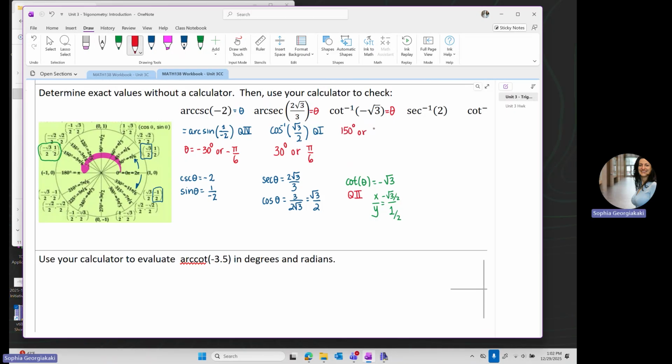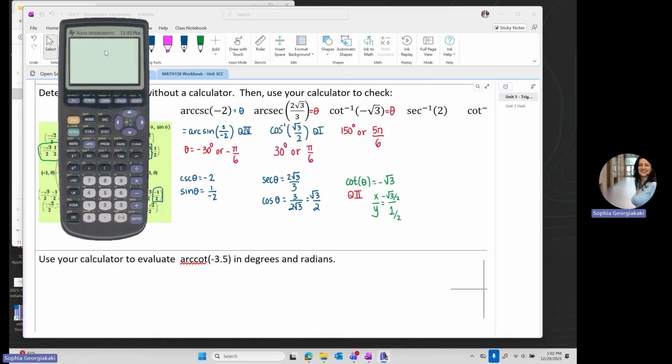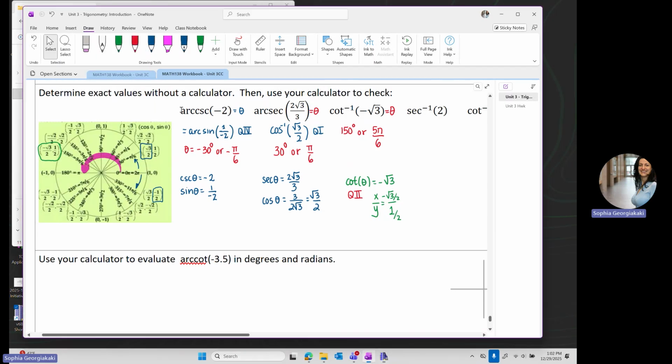or 5 pi over 6. And here I know that it said to not use the calculator, but let's check a little bit how we would be using the calculator to find those answers. So when we are given the cosecant of an angle, the reciprocal will be the sine.